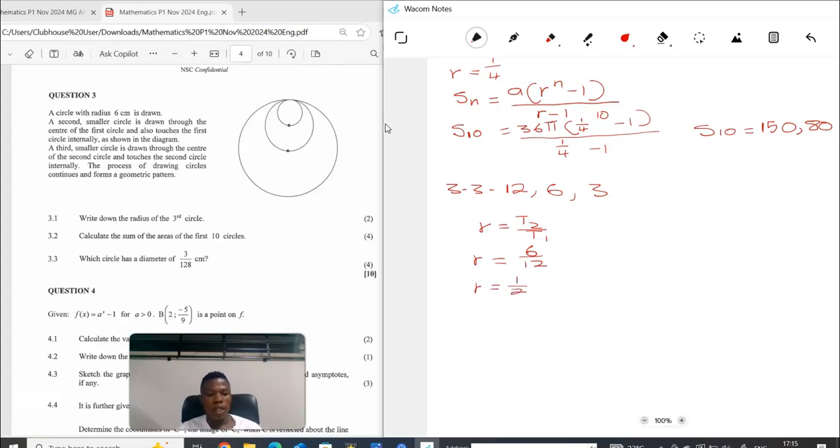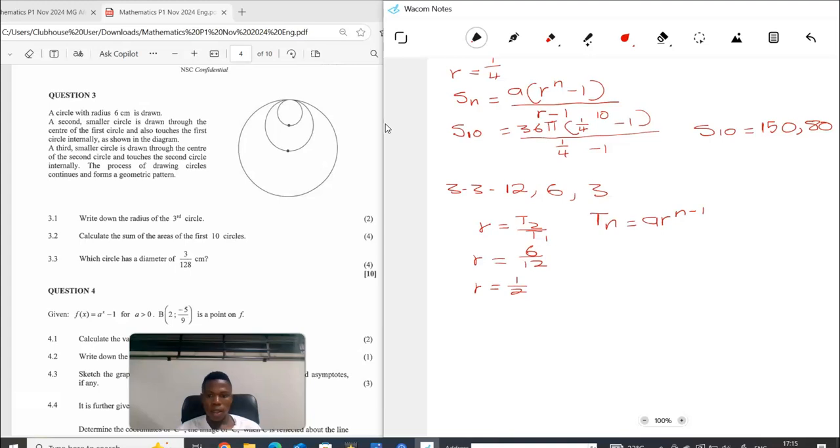But which circle has a diameter of 3 over 128? I know that the formula for a geometric pattern is Tn equals a r to the exponent n minus 1.